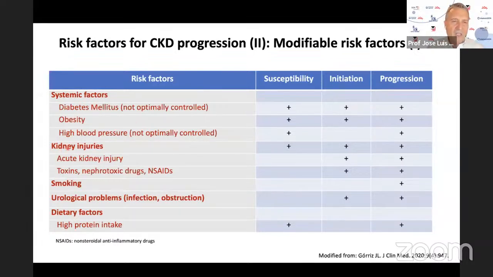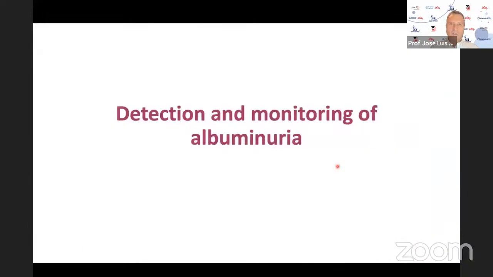We should avoid kidney injuries such as acute kidney injury, toxins, nephrotoxic drugs, non-steroidal anti-inflammatory drugs, and tobacco. We should prevent or treat urological problems such as infection or obstruction, and avoid high protein intake. All of this may be related to the initiation or progression of renal disease.